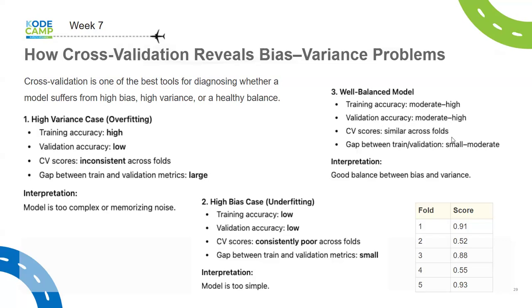And your cross-validation scores will be similar across all the folds, and they'll probably be high as well. They won't be low. They'll be similar, but they'll also be high. And then if you check the gap between the train and validation scores, or metrics like the loss and so on, they will be small to moderate. So with this, you can say you have a good model.